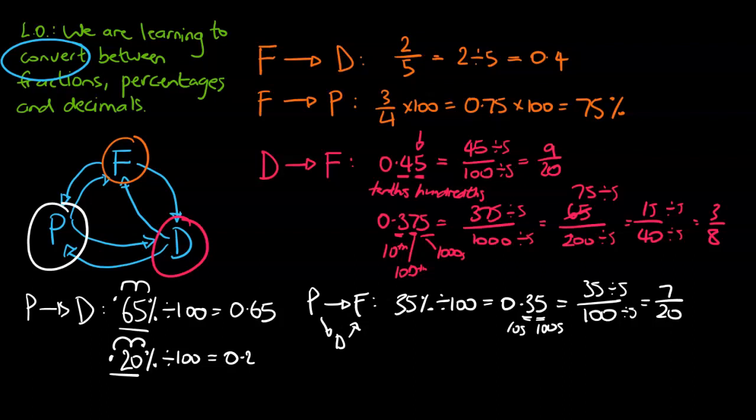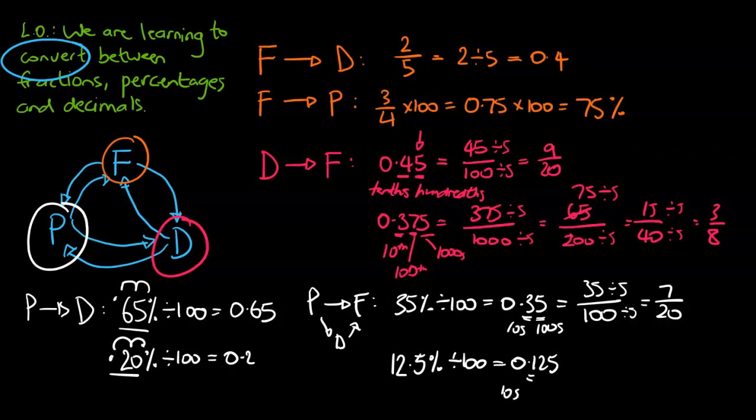We'll finish up with one last example, and then we'll call it a day and move on to the next video. So let's have a look at 12.5%. What would that be as a fraction? First step, we need to divide by 100, which is going to get us to 0.125. You can put that in the calculator to check as well. We're now going to use the numbers.